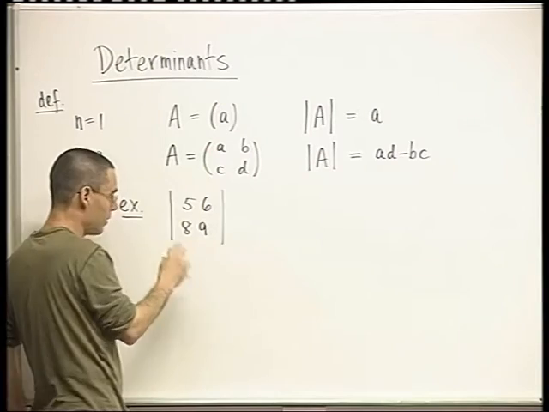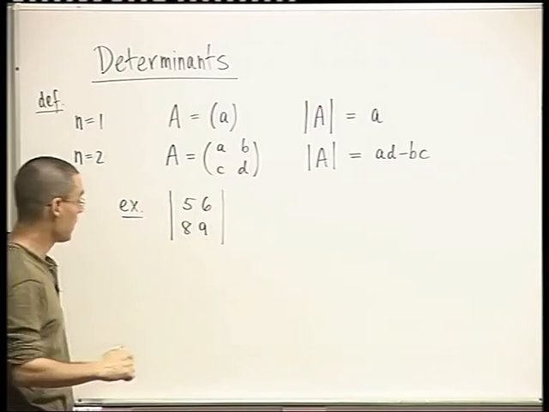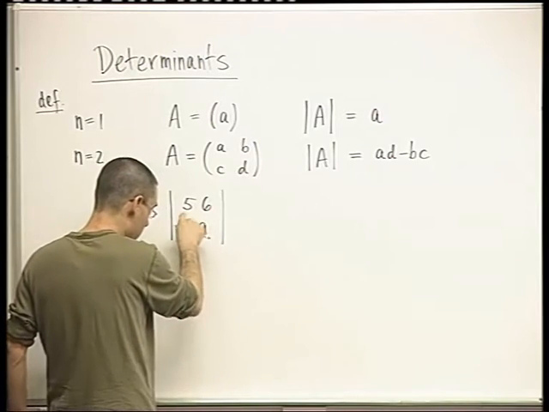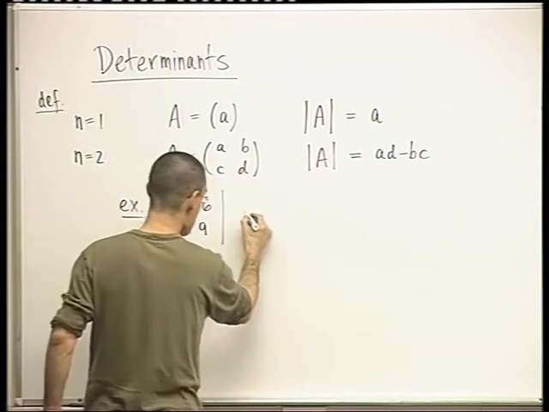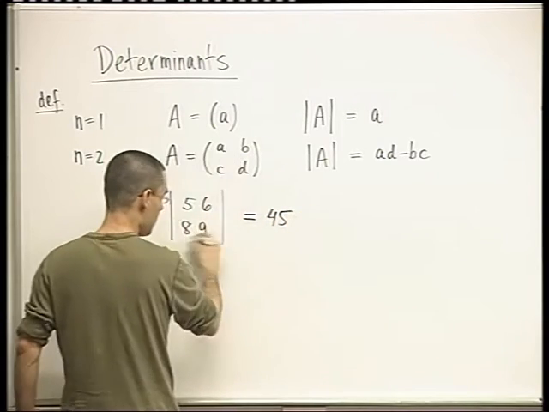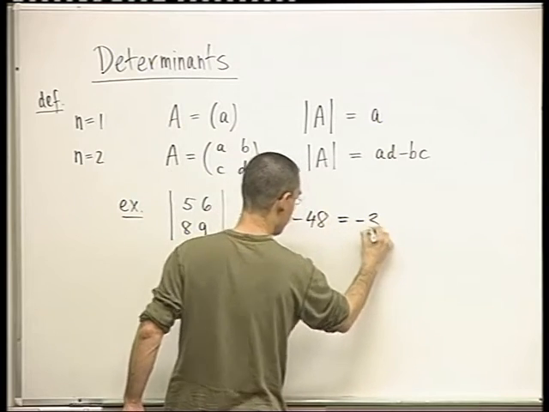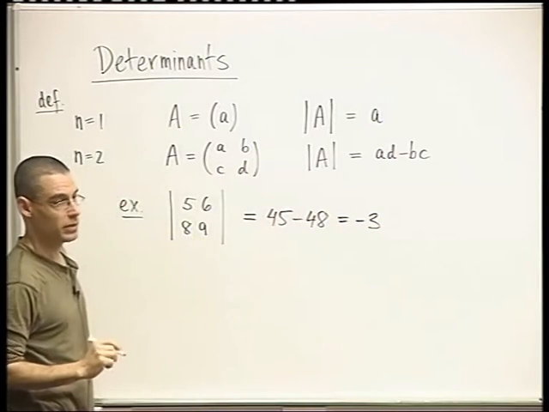These bars kind of lay the barriers for the matrix anyhow. So the determinant of the matrix 5, 6, 8, 9 is 5 times 9, 45, minus 6 times 8, 48, which is negative 3.